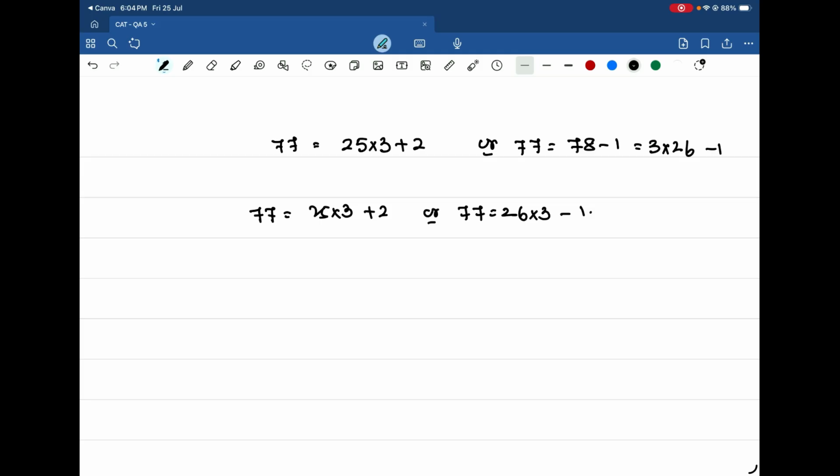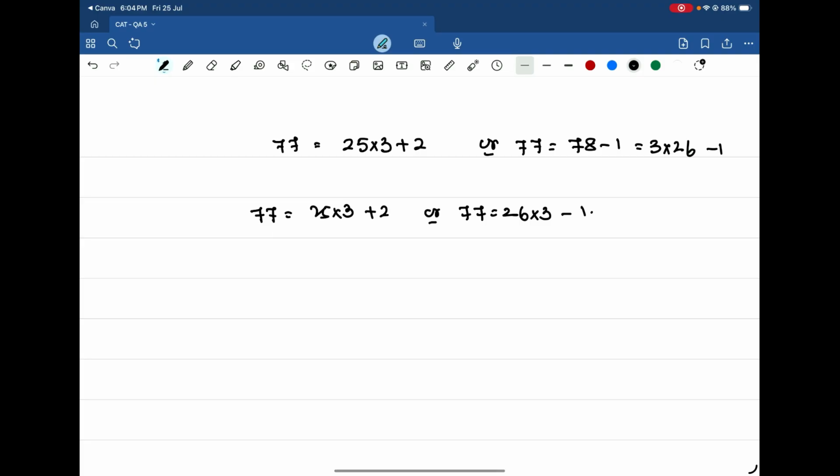In 25 into 3 the remainder is plus 2, in 26 into 3 the remainder is minus 1. We can put either way.